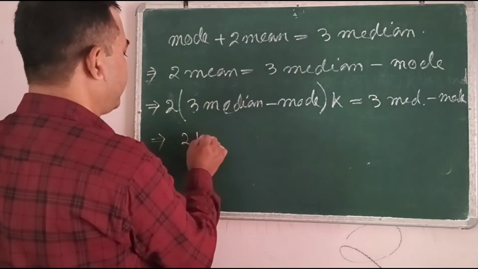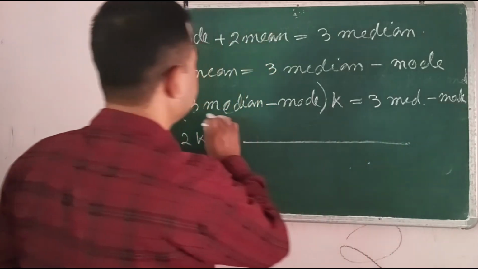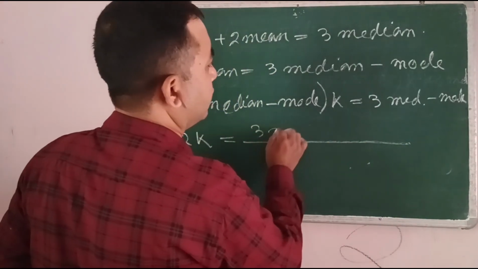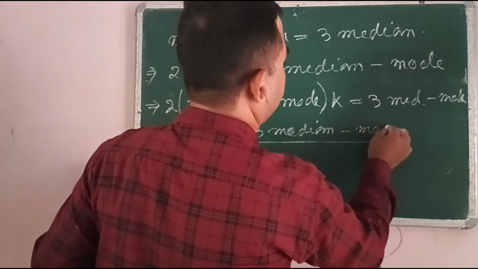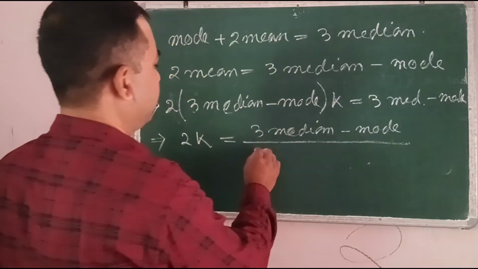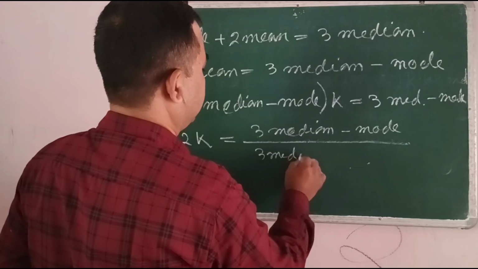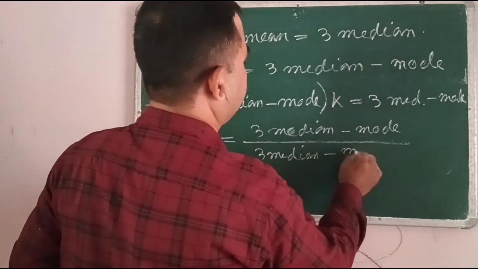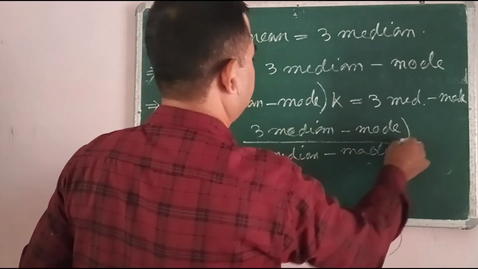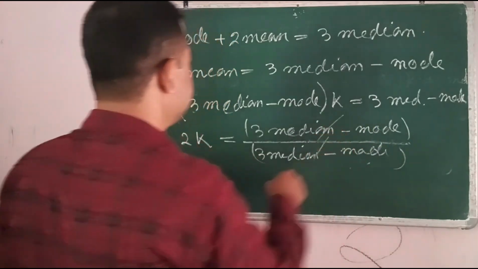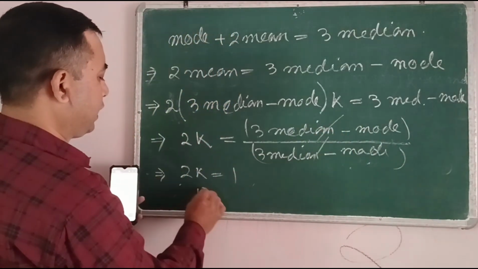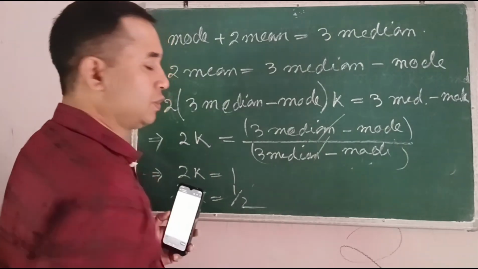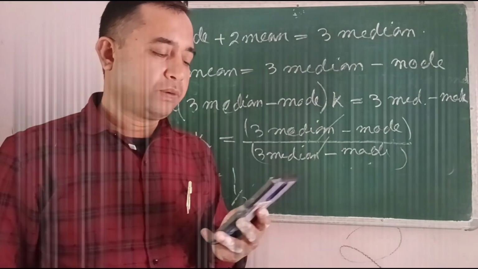So 2k is equal to, just transferring them, 3 median minus mode by 3 median minus mode, isn't it? So they will be cancelled. So 2k is equal to 1 and k will be equal to 1 by 2. So the value of k will be equal to 1 by 2. Here the correct option is C.